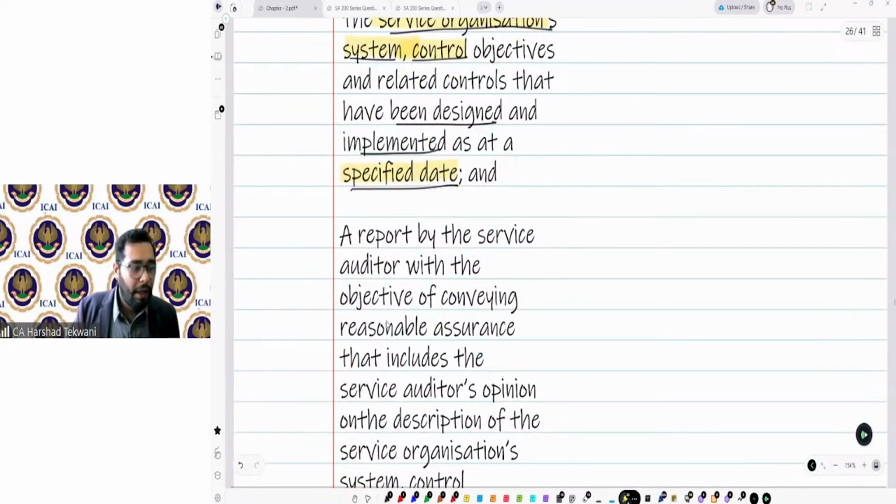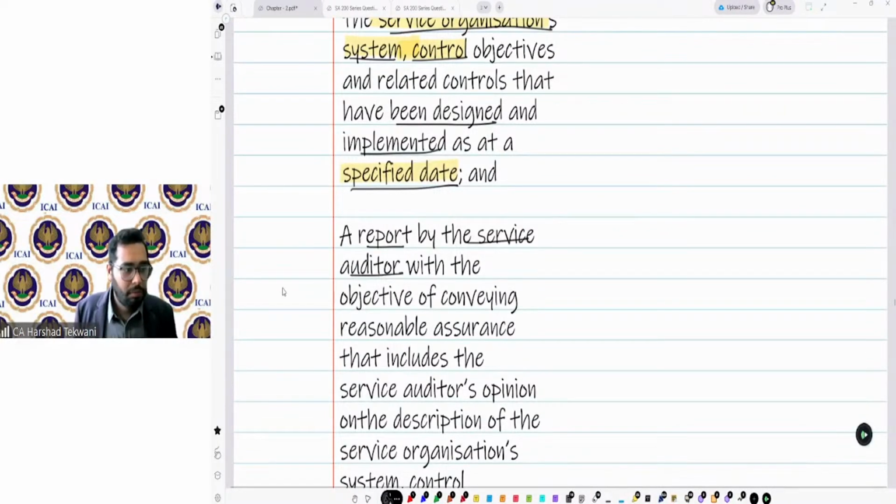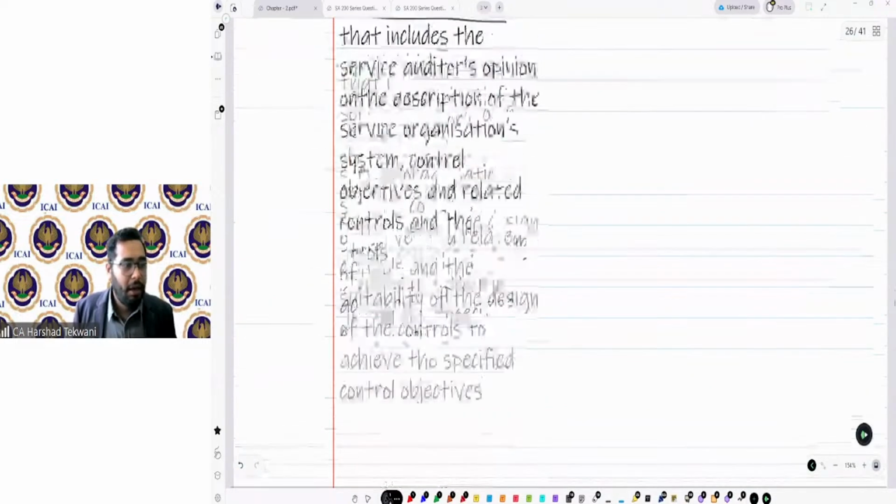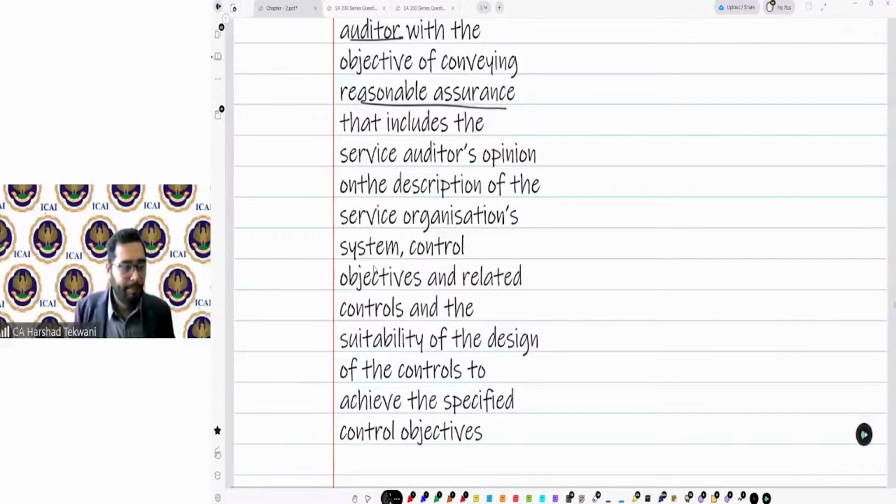Plus, a report by the service organization's auditor, providing reasonable assurance that the systems and controls of the service organization that we were talking about are designed in such a way to achieve the specified objectives.